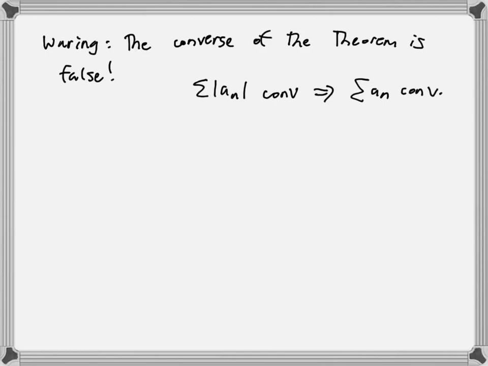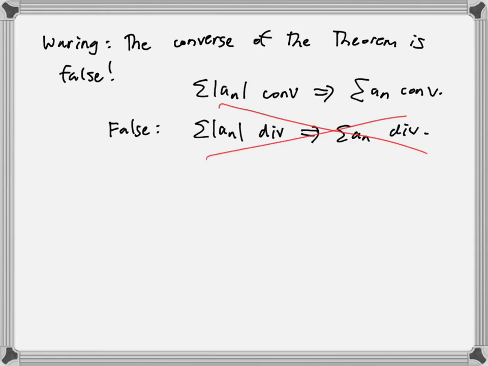However, the following is false: this guy diverges implies this guy diverges. That is completely false. Let me write it this way: this guy may converge or diverge. We just don't know.